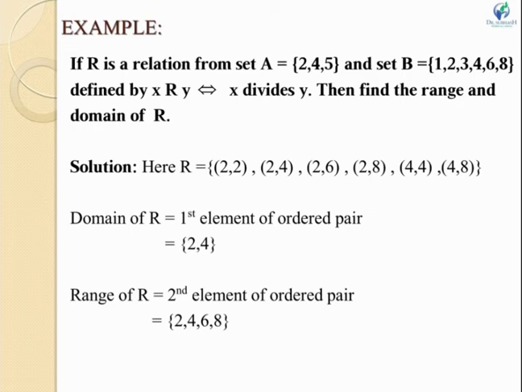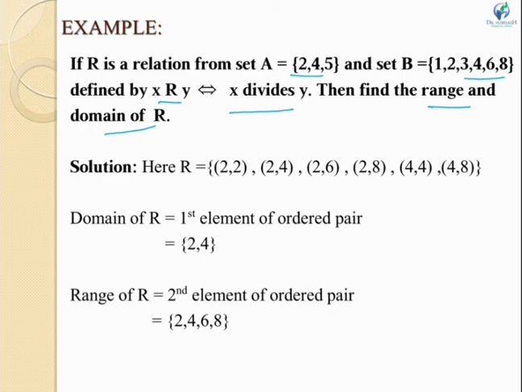Let us understand this by a simple example. If R is a relation from set A equal to {2, 4, 5} and set B equal to {1, 2, 3, 4, 6, 8}, defined by x related to y if and only if x divides y, then find the range and domain of R. Now in the previous example we have already learned how to find the set of relation R using the sets.